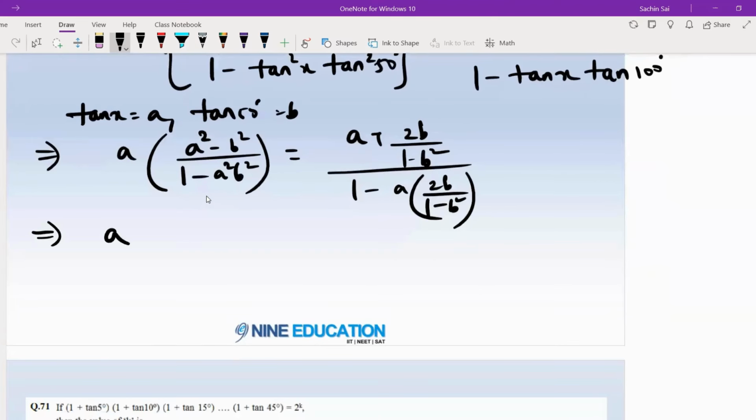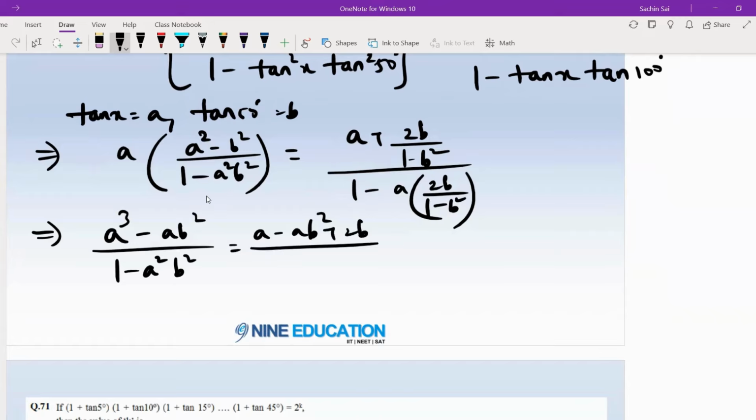So you have A cube minus AB square by 1 minus A square B square equals A minus AB square plus 2B by 1 minus B square minus 2AB.